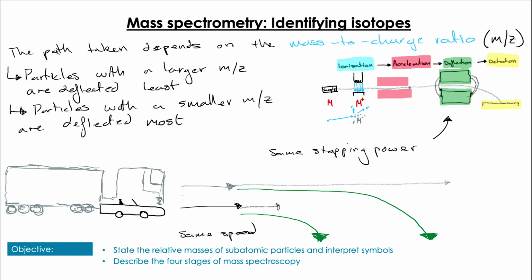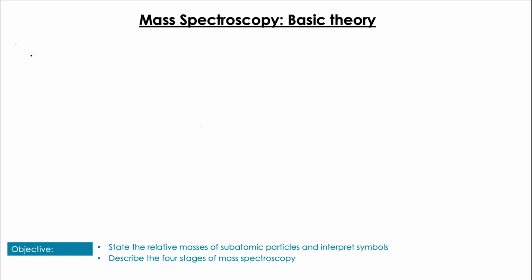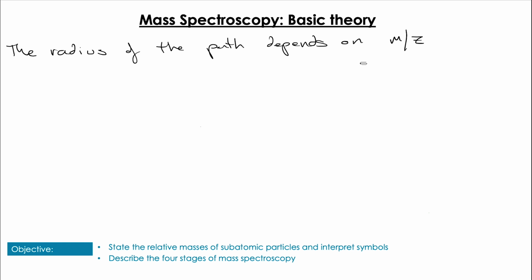Now, the amount with which something is deflected is going to tell us something about the mass of the particle itself. More specifically, it depends on the radius of the path that is taken. So that path will change as the mass changes.